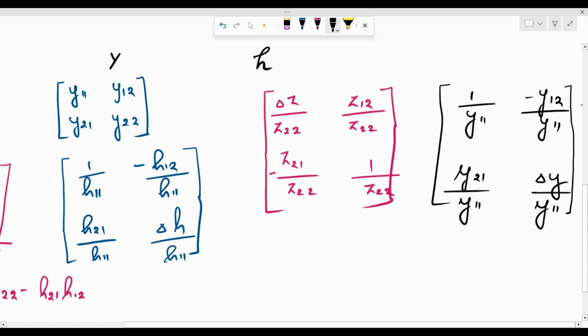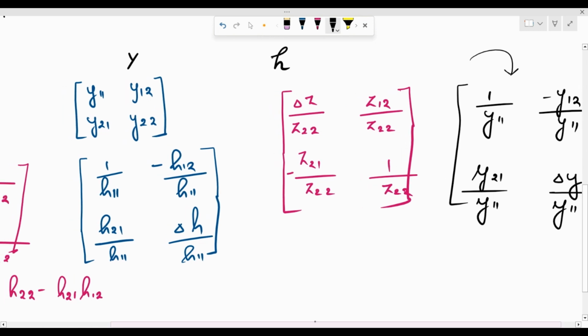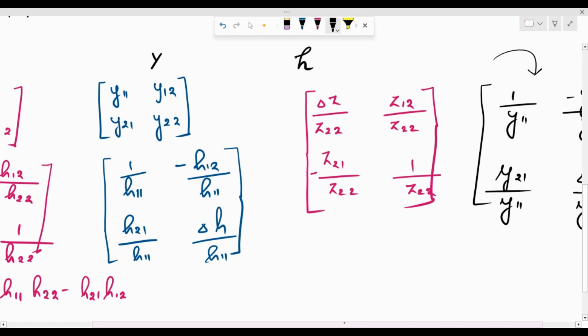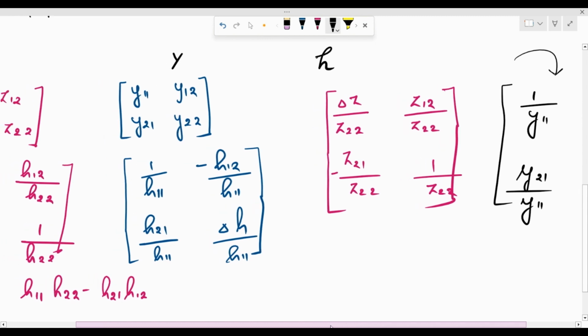So it's pretty interesting to note that if you want to write the Y parameters in terms of the H parameters, all you need to do is replace the Y with H in this. So there's this relationship that exists which you can use to remember, because every time we cannot derive and arrive at this. So that's one way to remember.